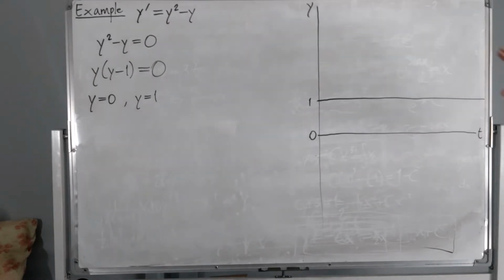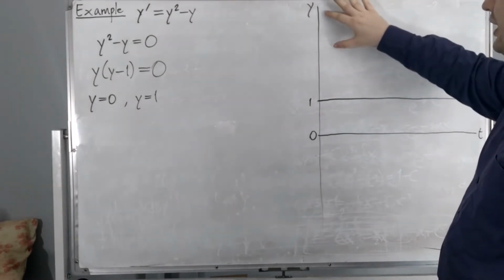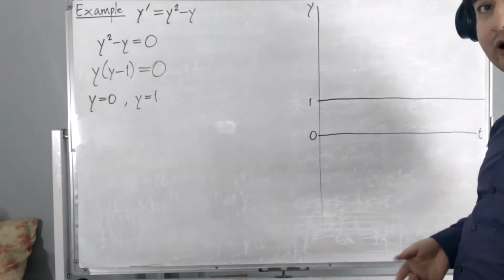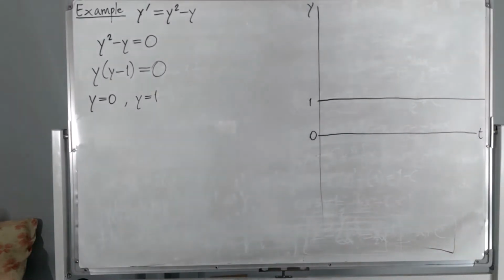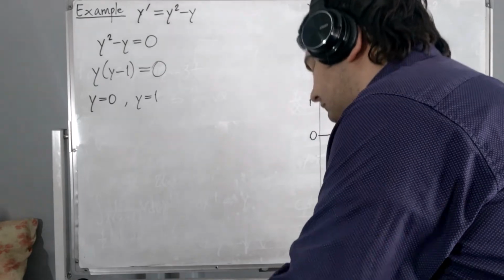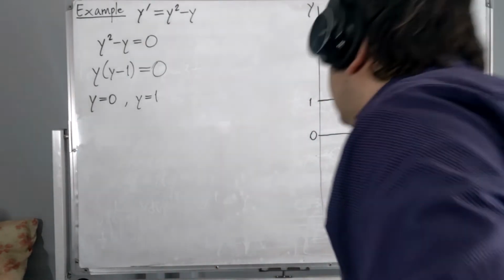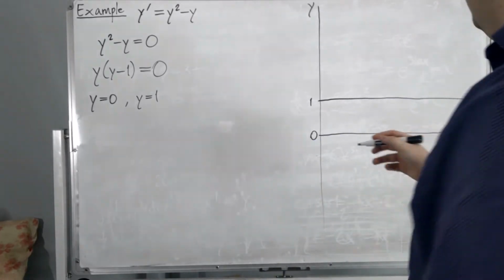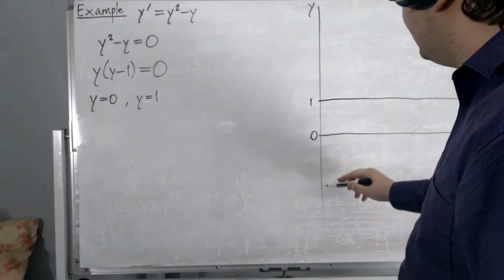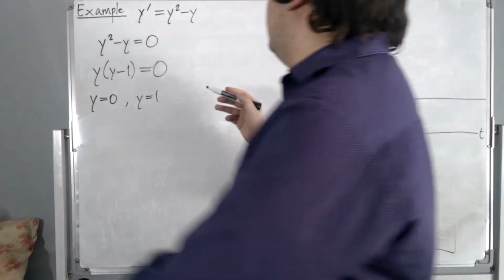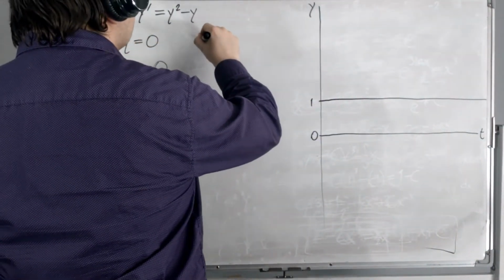All right, next up we need to construct the phase diagram, which is to label the y-axis with the appropriate arrows to indicate the sign of y prime. So let's see here. If you take a value of y that is less than 0, then what would dy dt be?